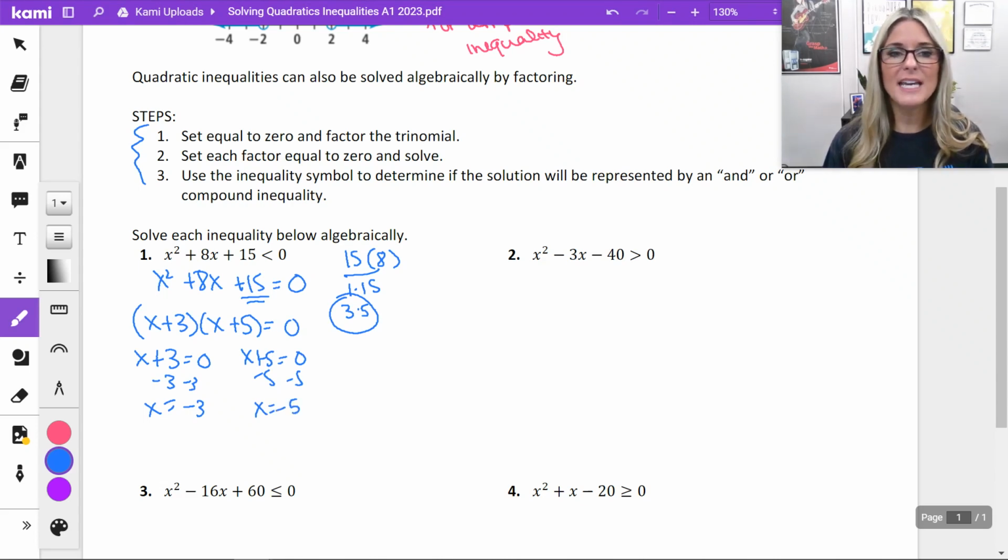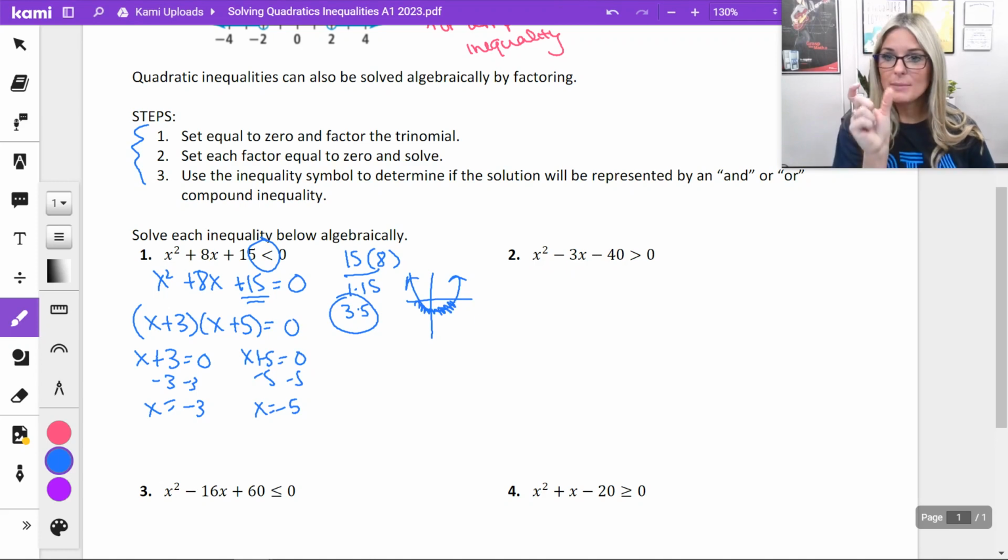Step 3, use the inequality symbol to determine if the solution will be represented by an and or an or compound inequality. So going back up to the original problem, it was less than 0. So think about the graph. If we graphed a parabola, anywhere less than 0 would be a lower segment and it would only be that one segment continuously. So it is going to be less than and.